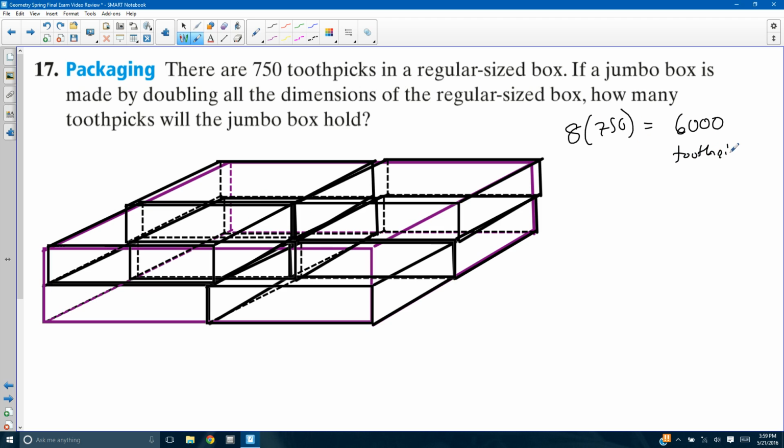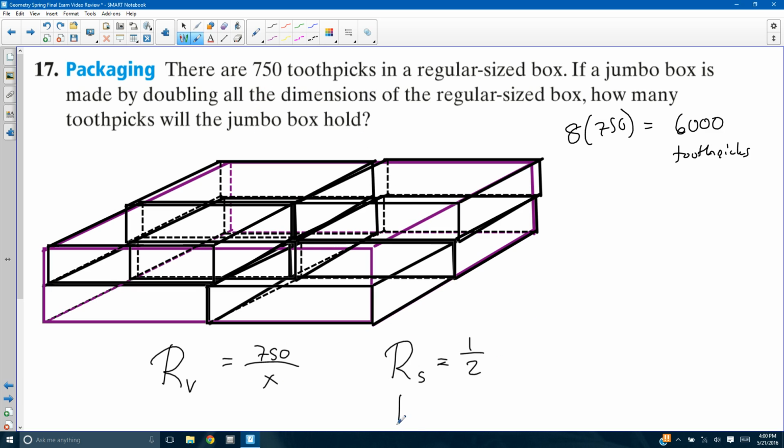Okay. If you were to do it in a more mathematical sense and you didn't have this mindset for it, you'd say, I have to compare these two things here. I have the similarity ratio right now as 1 to 2 from small to large. I'm going to double the lengths everywhere.